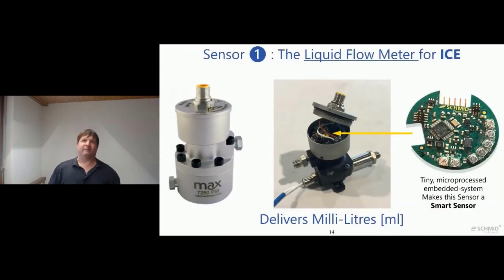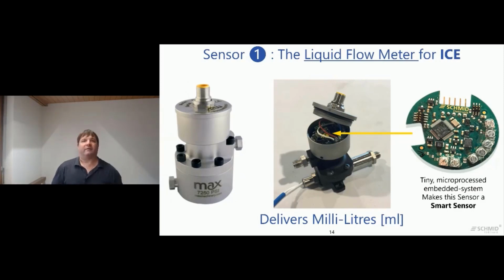Now let's have a look at the energy sensors. It starts with the liquid flow meter for the internal combustion engine. Here we have the liquids going in and out, and we have a system in there that measures many thousands of pulses per milliliter, which makes it very accurate. There's also temperature that we measure in order to compensate for it.